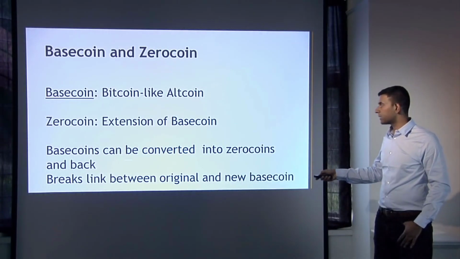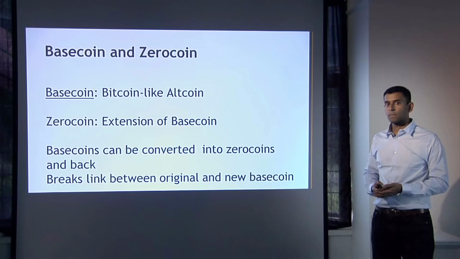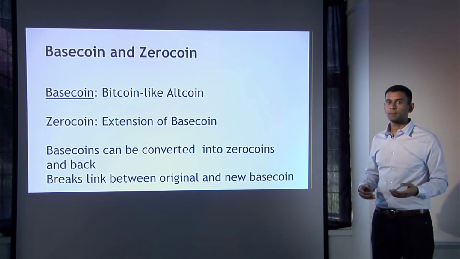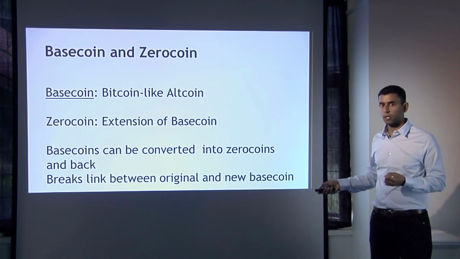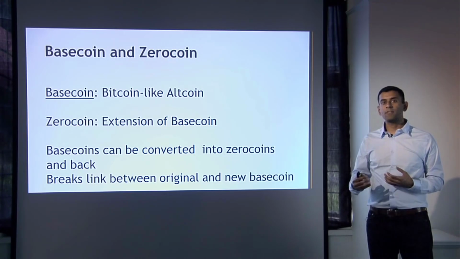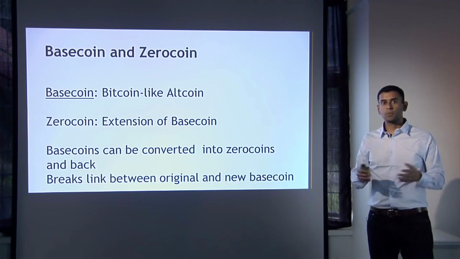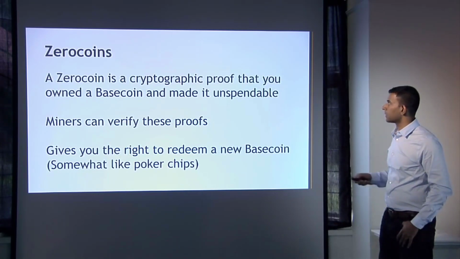And the key property that gives you anonymity is that these basecoins can be converted into Zerocoins and back again. And when you do that, it breaks the link between the original basecoin and the new basecoin. So think of this as a cryptographic mixing system that's provided by the protocol itself. So how might this work?